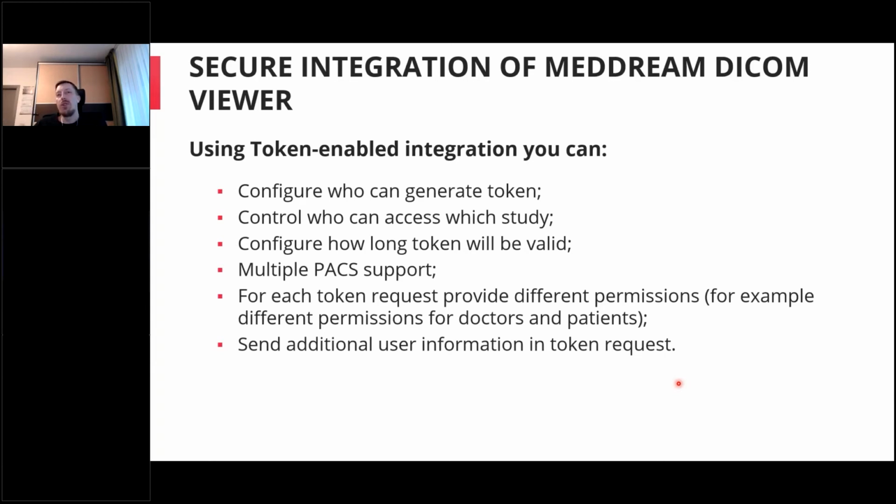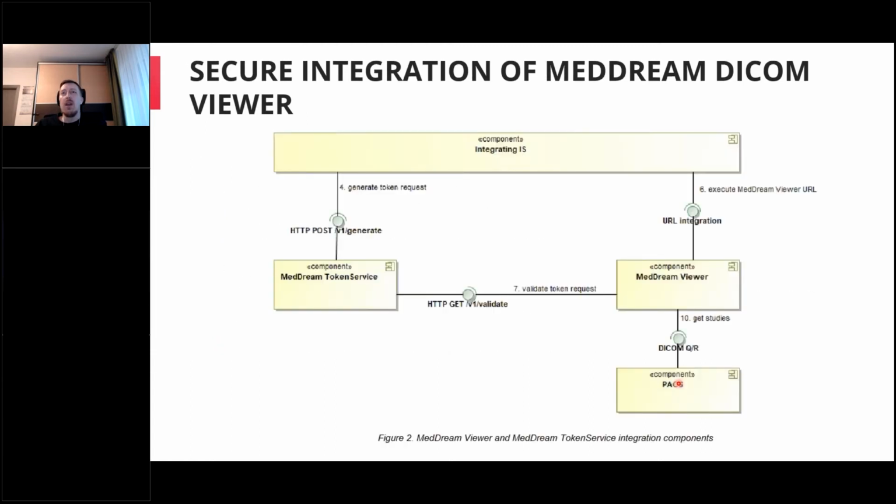All these permissions which you set in the application properties can also be set when you are sending a token request. So different permissions can be sent with different requests according to the user for which you are sending this request.